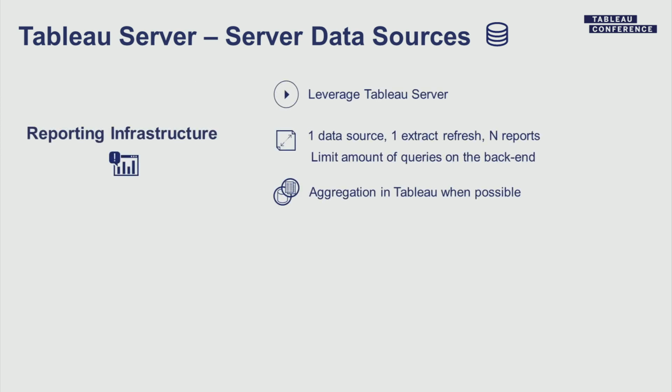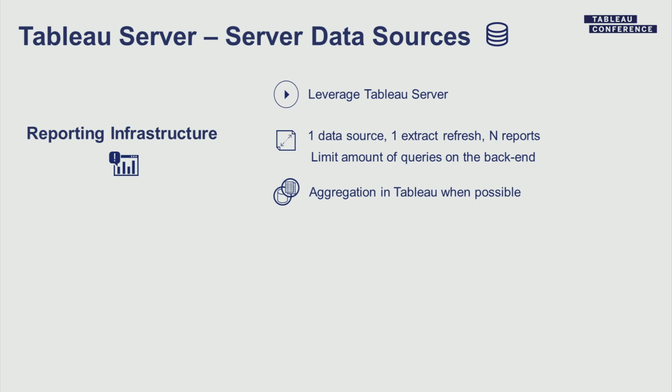So reporting infrastructure. The idea behind this is we're going to have one data source and be able to build n amount of reports. So we don't want to do extraction of data in the workbook just because we have hundreds and hundreds of workbooks, hundreds and hundreds of reports. If we have 600 extracts running overnight that are all 100 million records, well, that's way too big to handle, obviously.